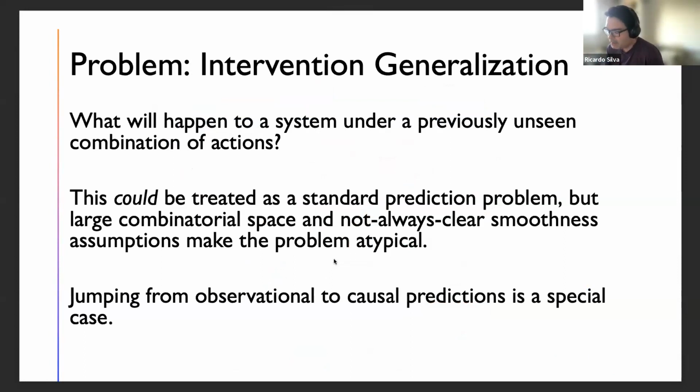This could in principle be done if you just fit a sort of model that maps the perturbation status of past actions to particular outcomes of interest. But this space may be very large. You may not have any sort of good smoothness assumption that would link particular combinations or permutations in that data to unseen combinations that you have not done before.